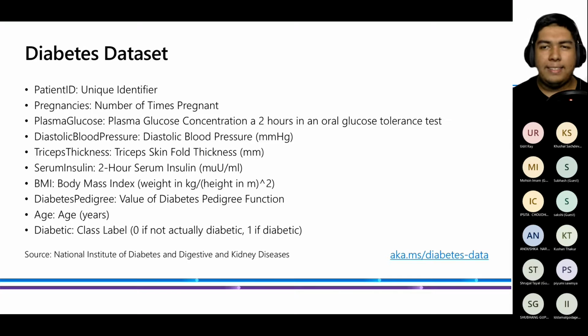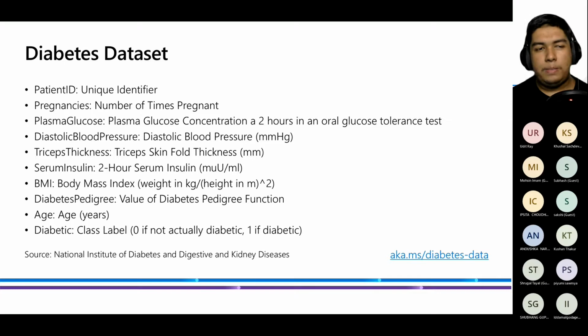Why? Because this has a lot of medical factors. As you can see, plasma glucose, number of pregnancies, the blood pressure, and the insulin, BMI, and the age. And what the data set already has is all of this medical data, telling us what was the outcome.